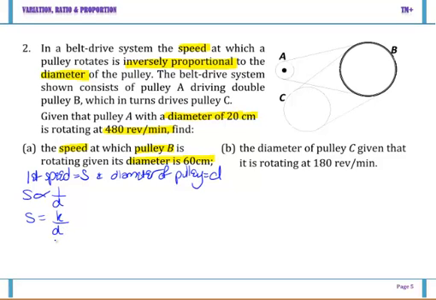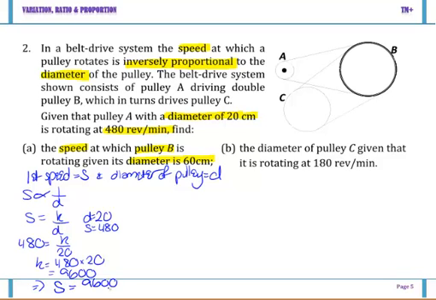Now it also gives me that when I've got pulley A, the diameter of 20 gives a speed of 480. So if I plug that in, I get 480 equals k over 20. So k must be 480 times 20, which gives me 9,600. So my formula is s equals 9,600 over d.